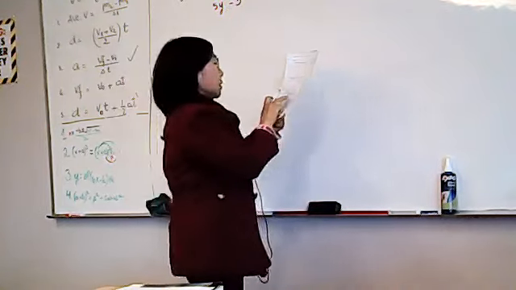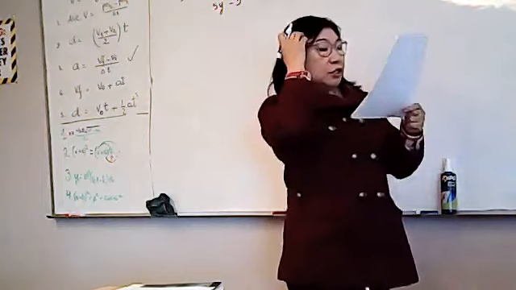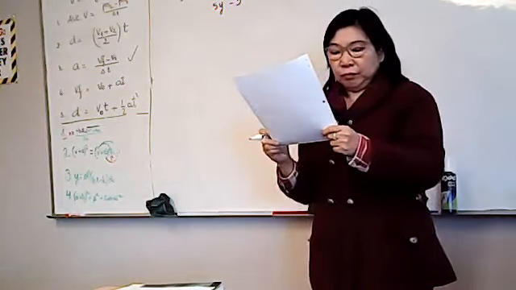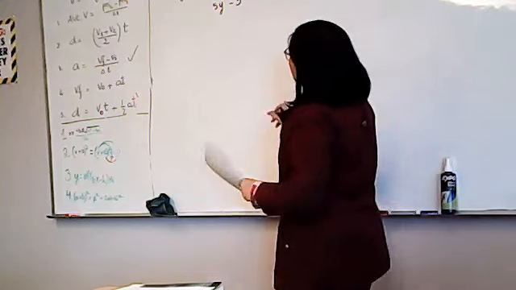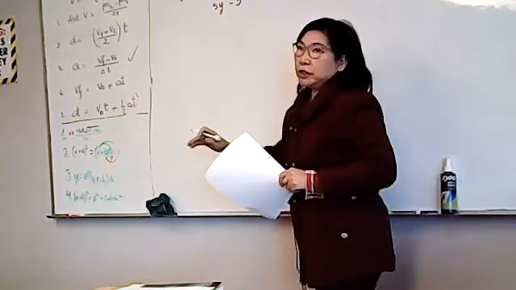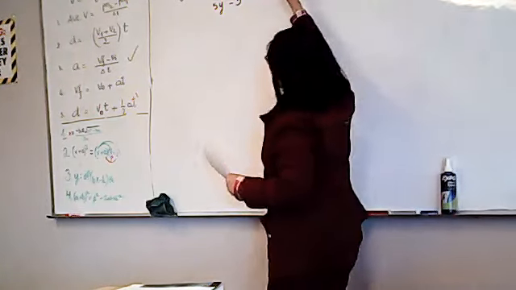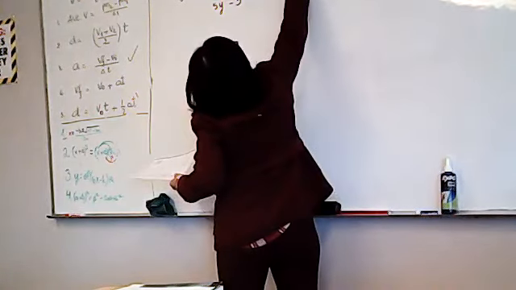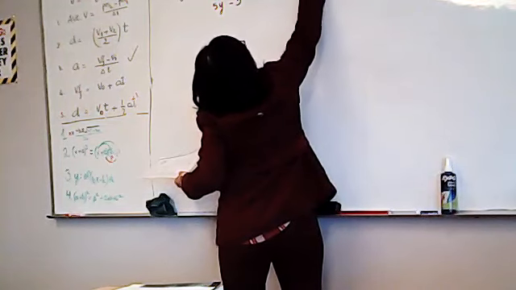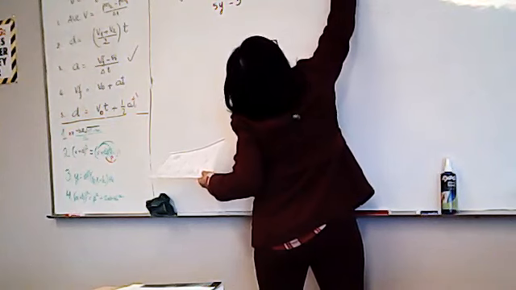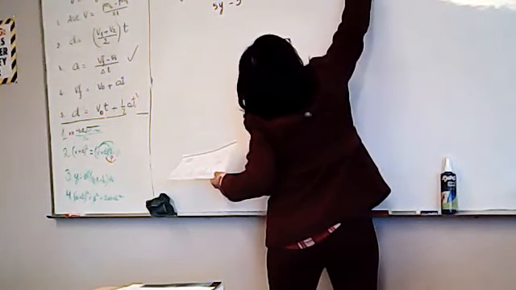The question says simplify a rational expression, so all we do is simplify it, but we know that usually the denominator cannot be 0. So I'm going to put in here that the denominator cannot be 0, and I'm not going to talk about restrictions anymore.